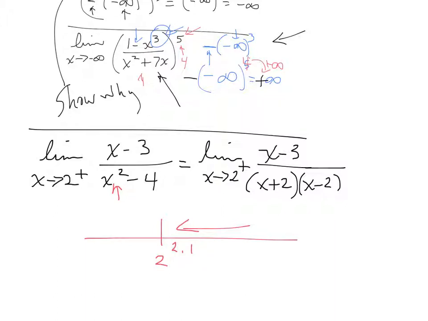Well, 2.1 is pretty darn close. If I plug in 2.1 here, here, and here, the top is going to be negative, the bottom is going to be positive times a positive, and my answer will be negative infinity, because there's only one negative. So that's how you look at these.